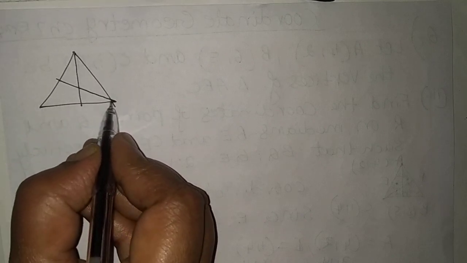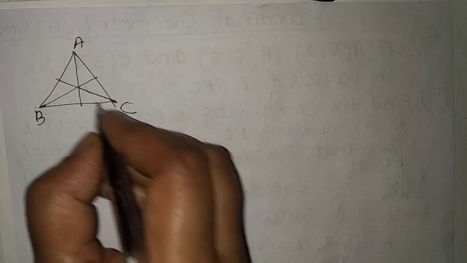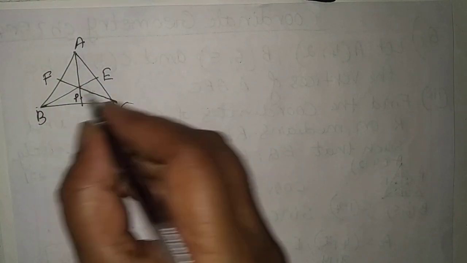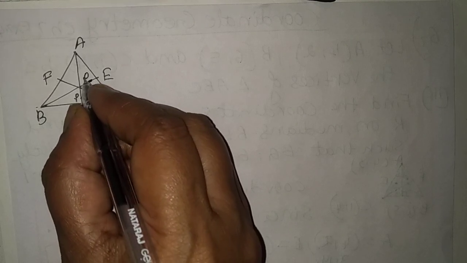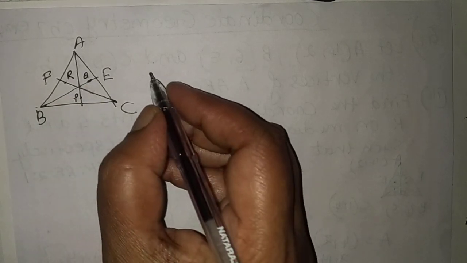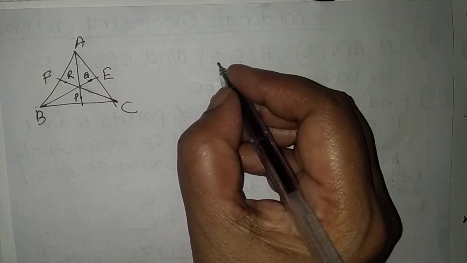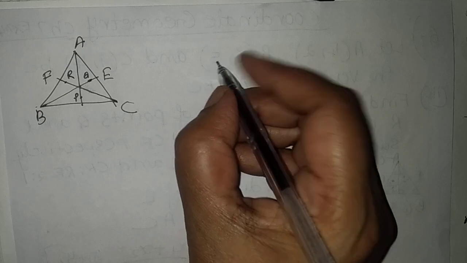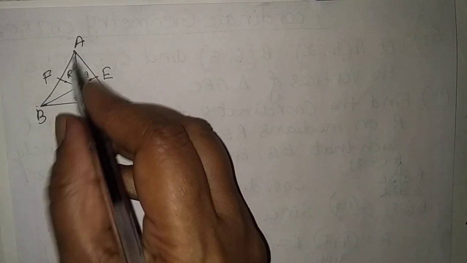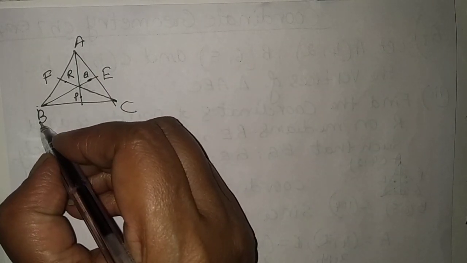Again we have to draw this diagram to make the problem easy for us. We need a sheet, I am writing. This is A, B, C, then E, F. Here this is P, this is Q, and this is R. So now we have to find out, F is the midpoint of AB.